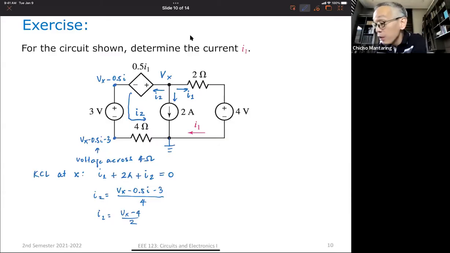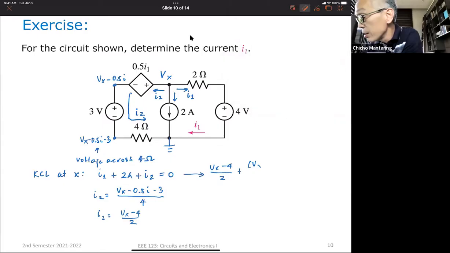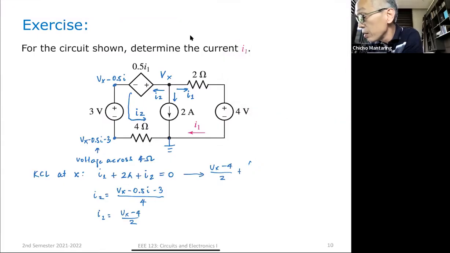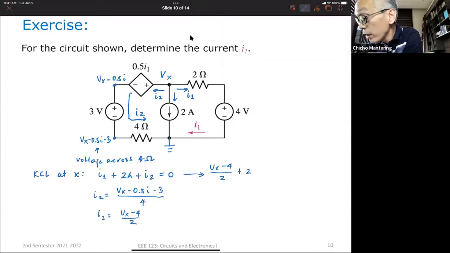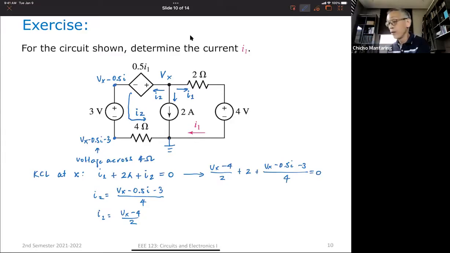Okay. So I just have a single equation now. I have Vx minus 4 over 2, plus 2, plus Vx minus 0.5i minus 3 all over 4 is equal to 0.